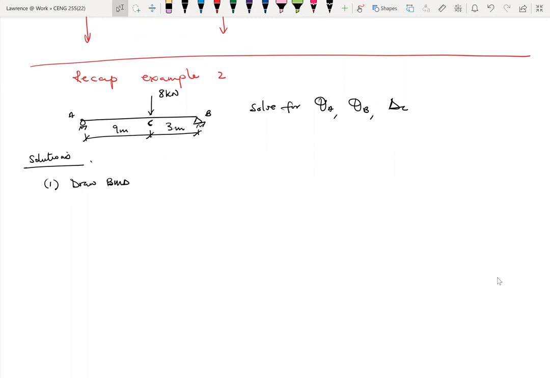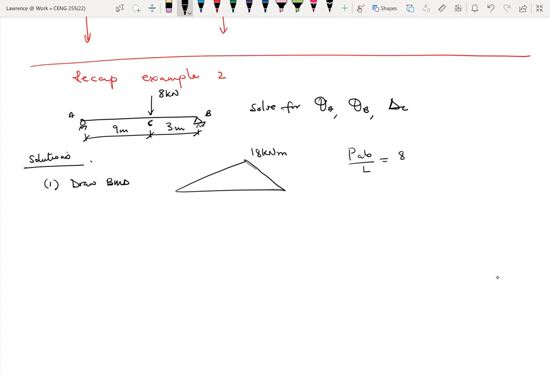Okay. So here, if I draw my bending moment diagram, this is how it looks. This value here would be 18 kilonewton meter. And I got that using the equation PAB over L. The P is the load, which is 8.